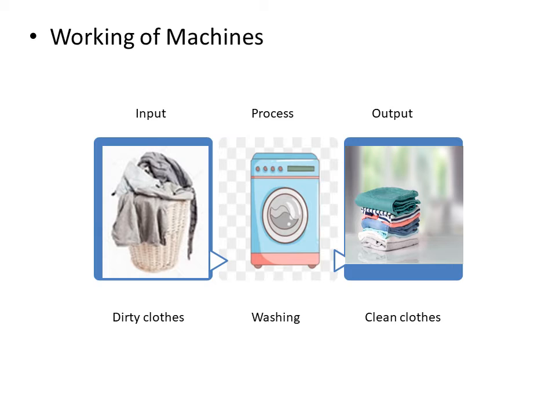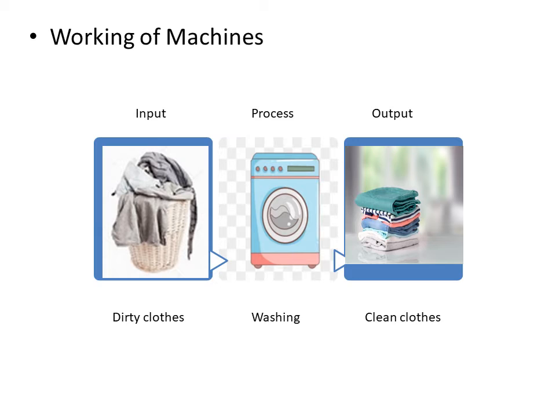Okay, so let us find out how this washing machine works. First we will take dirty clothes as you see in the picture, then we will put them in the washing machine. And this machine will process it and it will clean all the dirty clothes.